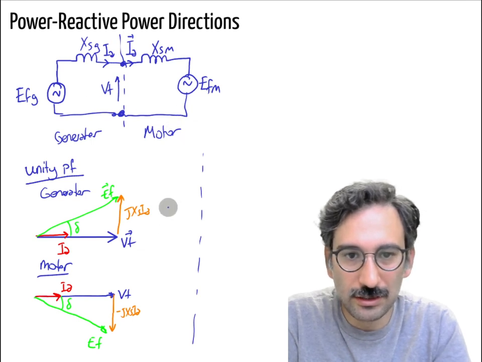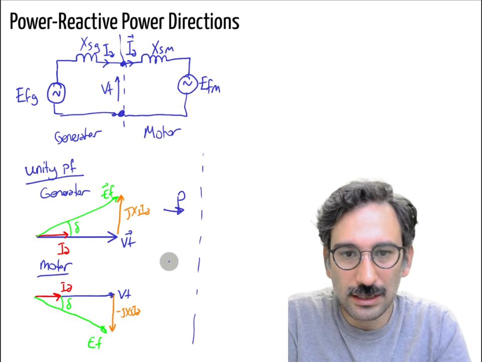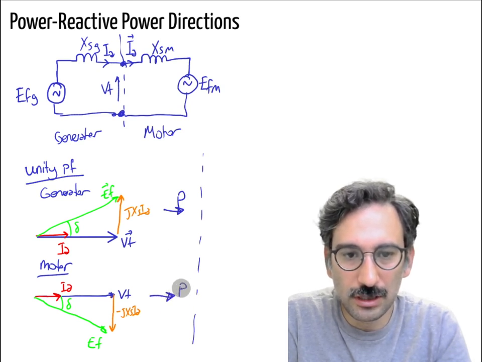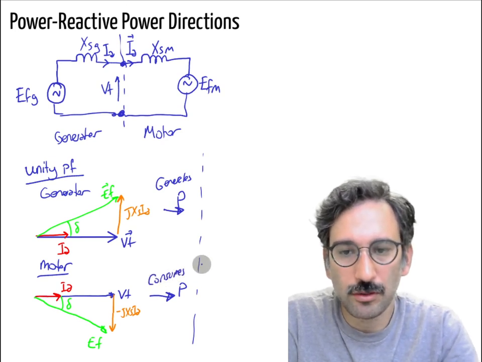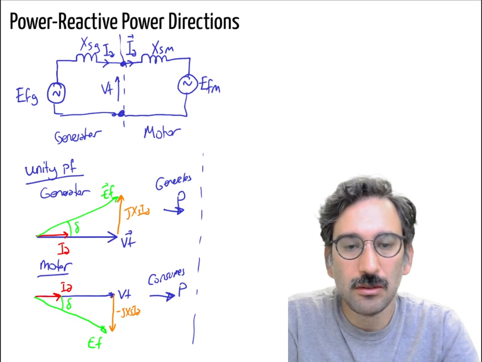Power is flowing in that direction, and that one is using power. So the generator generates P, and the motor consumes P.